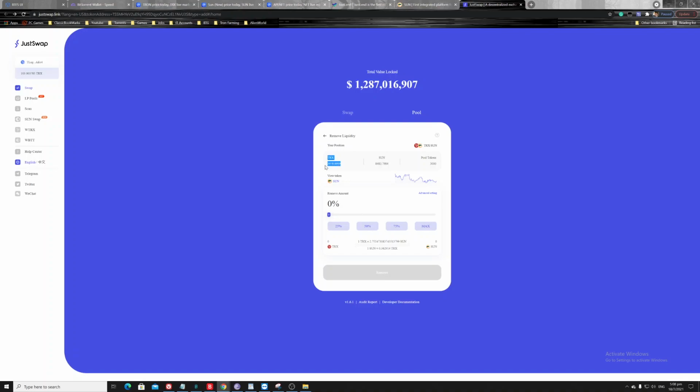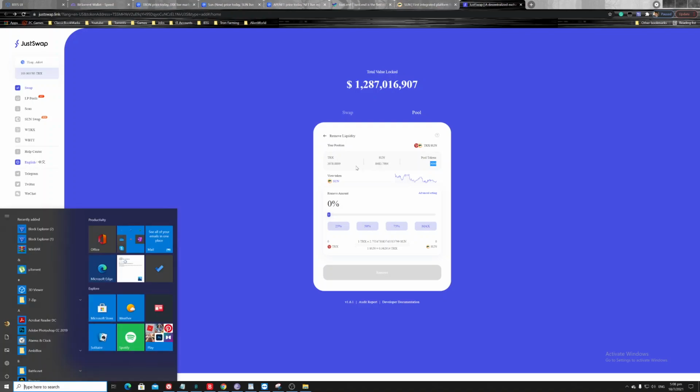All right, so this is the equivalent of what I have right now. I believe this is the one I withdrew, which is 3,000 tokens.